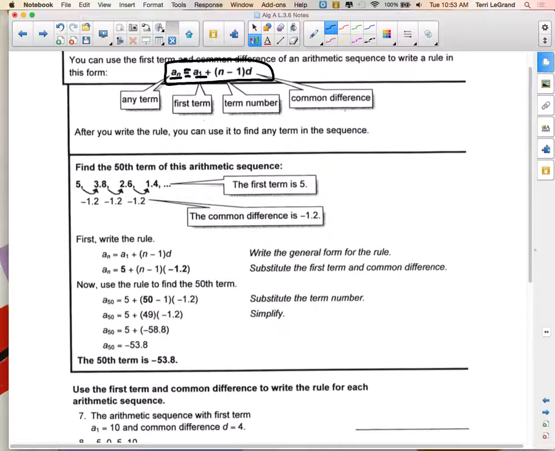Okay, let's try it with our second one. What would our n be in the second one? What's the given term number I wanted you to find? 50. So we put 50, and we take 1 away from it. What's 50 take away 1? 49. What was our d value in that sequence?